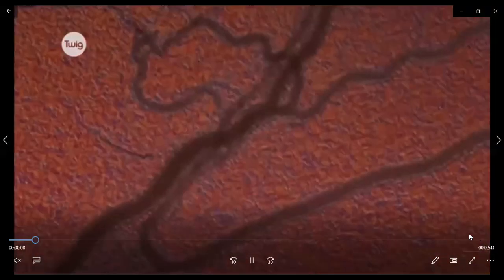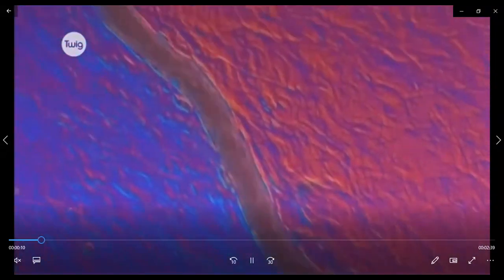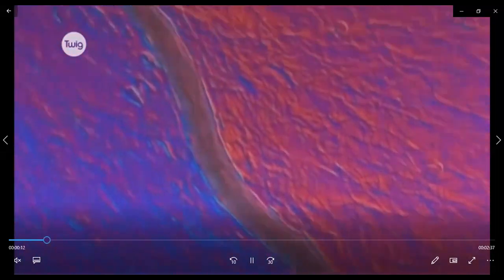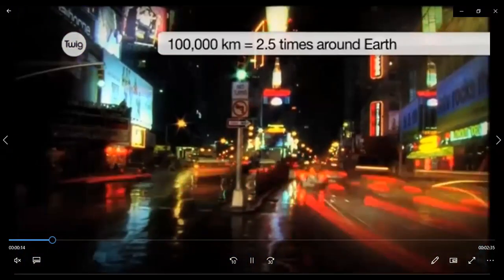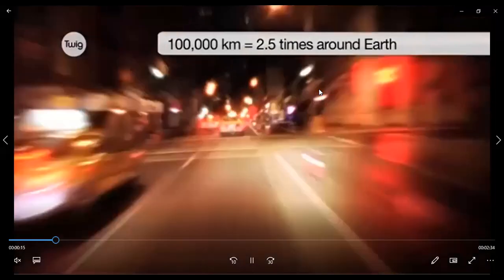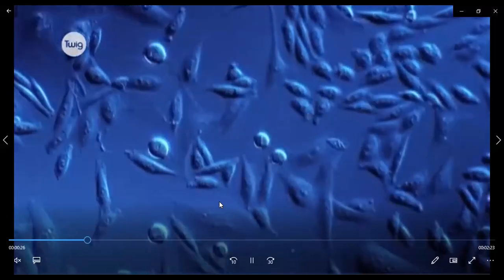I will explain. These are blood vessels. Inside them, blood is flowing at high pressure. And look at it. Every day it travels 2.5 kilometers. And these are our cells.